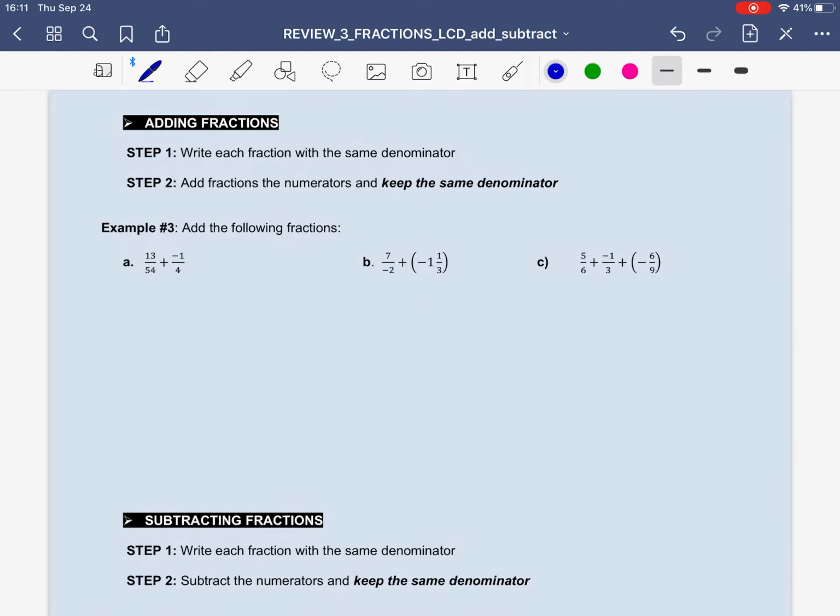Now 54 and 4 have the lowest common denominator equal to, you have to figure this out. We go 54 and 4. So 54 can be divisible by 2, that's for sure. And if I divide 54 by 2, I get 27.